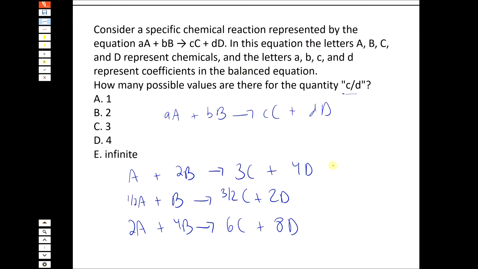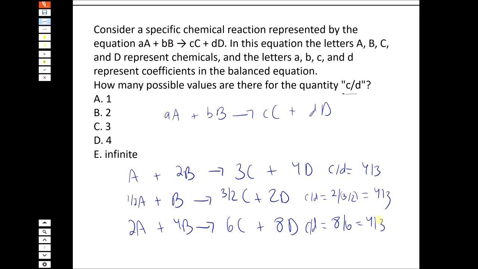So in its standard form, C over D here is 4 over 3. I didn't pick the easiest numbers, but it's 4/3. For the second one, C over D is 2 divided by 3 halves, which simplifies to 4 over 3. Or in this bottom one, C over D is 8 over 6, which is also 4 over 3.